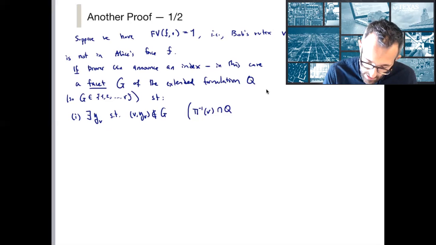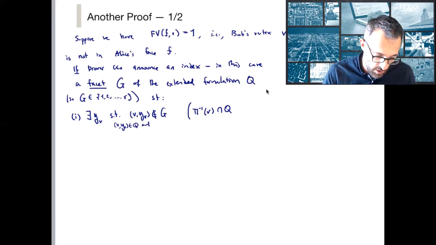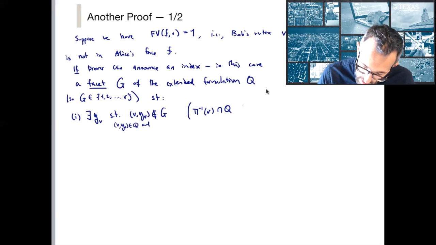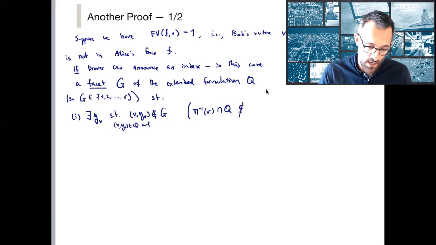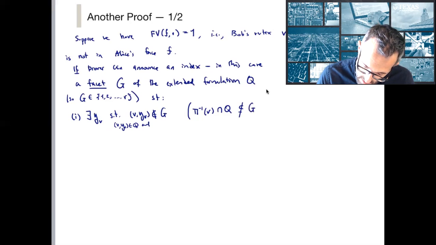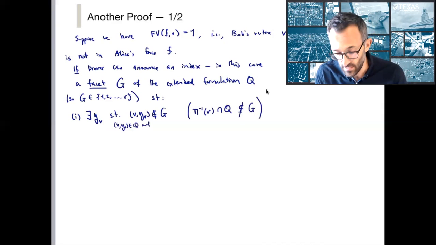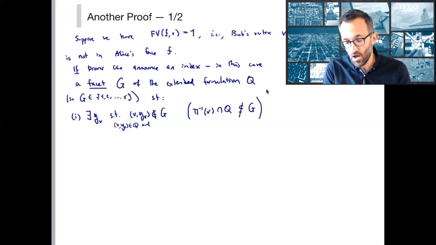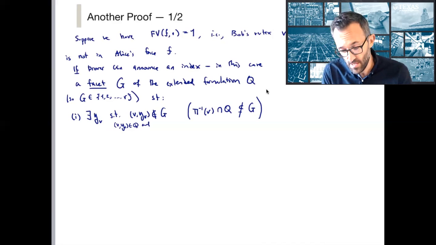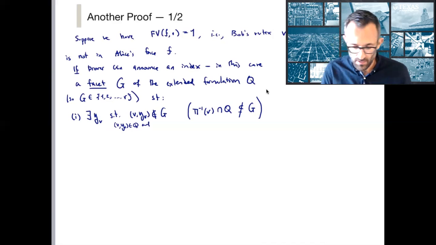There exists a YV such that V and YV is in Q, and V and YV is not in G. So that's equivalent. I can write it more compactly as pi inverse V intersect Q is not a subset of the facet G. So if it's not fully contained, it means that there is some element of Q that projects onto V. In other words, there exists some YV, so that V, YV is in Q, but is not an element of G. Okay, so these things are saying the same thing.